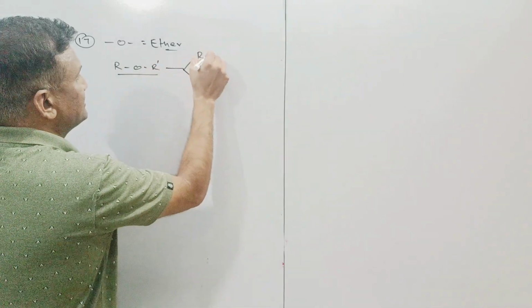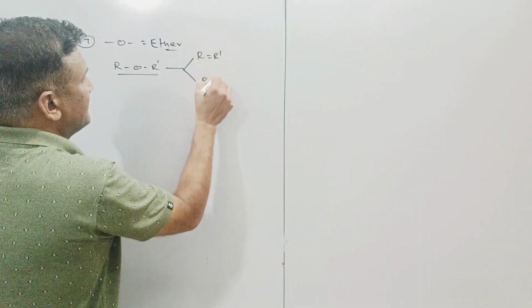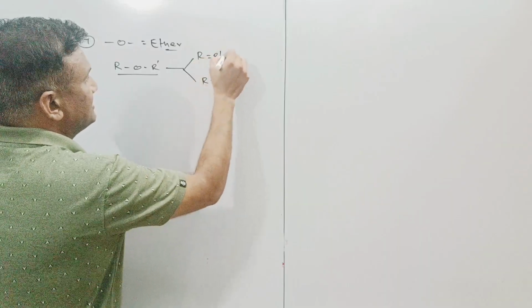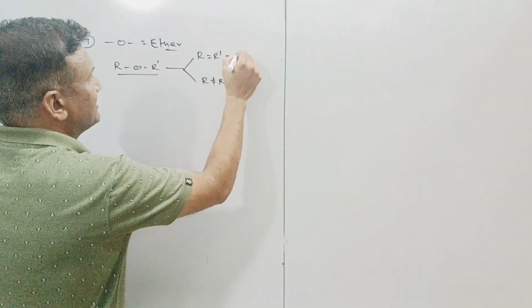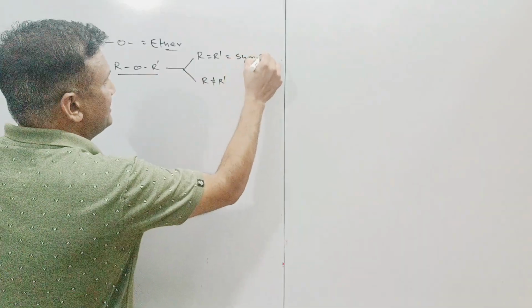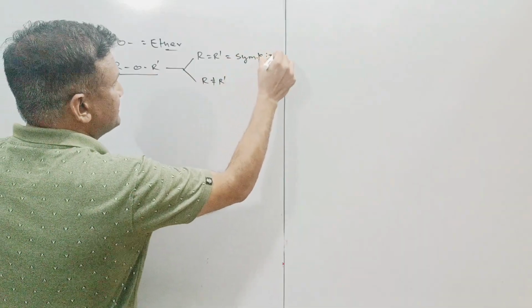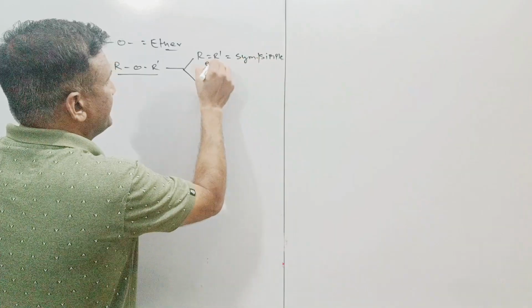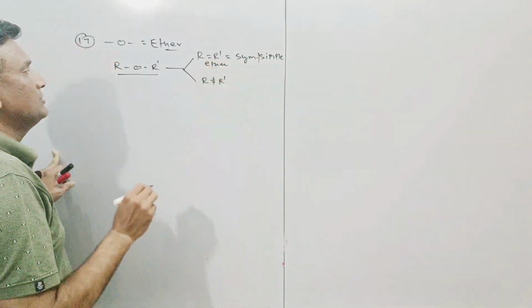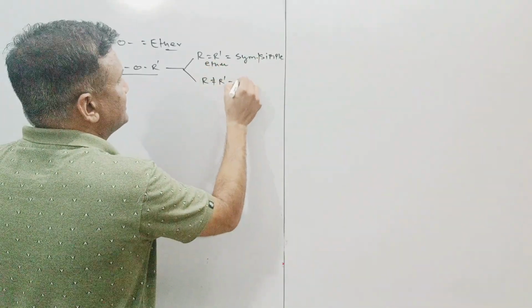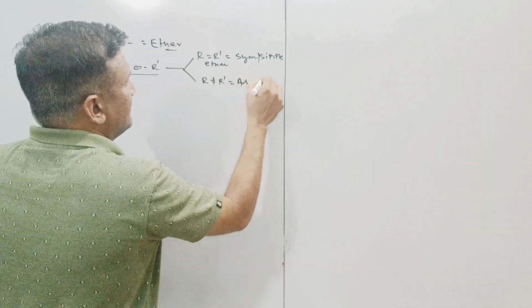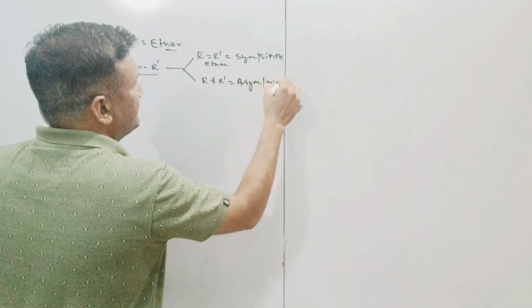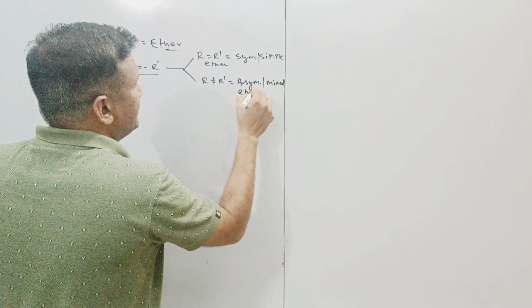One is R equals R'. The other is when R is not equal to R'. If both are the same, then you can say symmetrical or simple ether. And when both are not the same, then it is called asymmetrical or mixed ether.